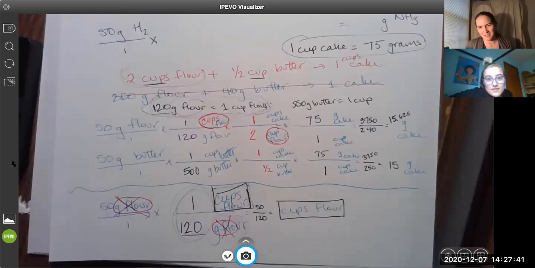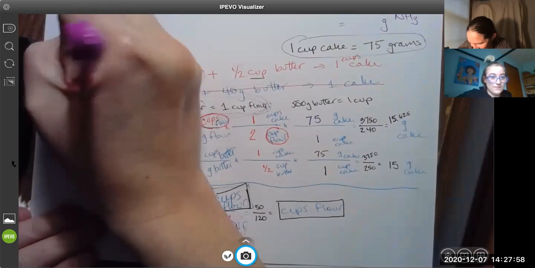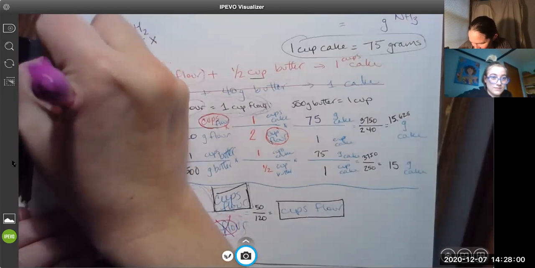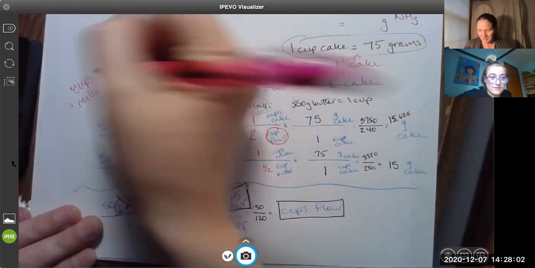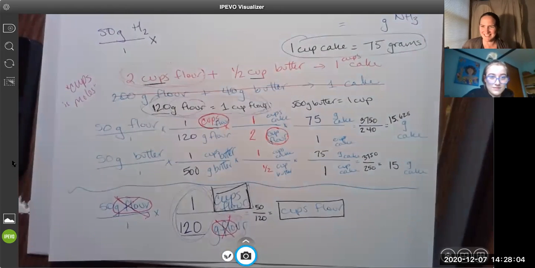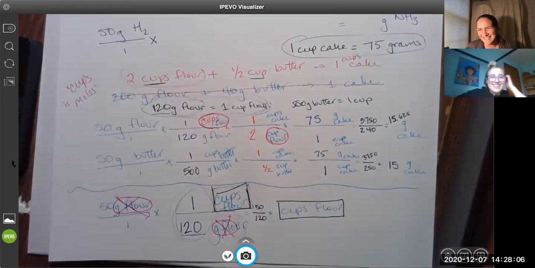You can use this template. The cups are moles here, and aside from that, this is exactly how to do it. Can you write on the side of the paper that cups is moles? Yes. Cups is moles.